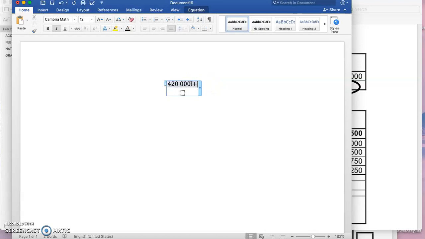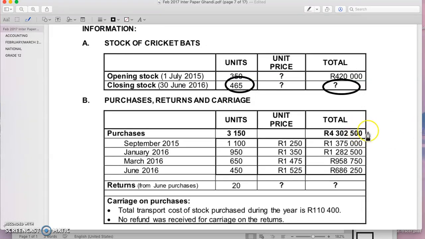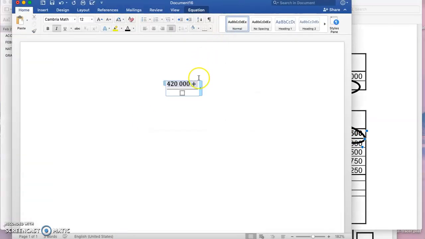We're now going to add all our purchases, and they've already done it for us. So we want our total purchase amount. Let's write that in: 4,302,000.